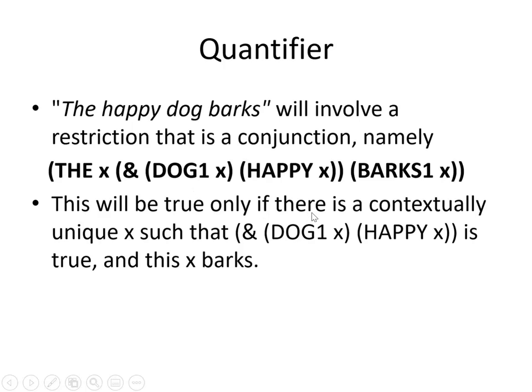This will be true only if there is a contextually unique X, such that dog1 X and happy X is true and this X barks. You can see dog1 and happy1 have the and operator, so both conditions must be satisfied: happy dogs bark. Okay.